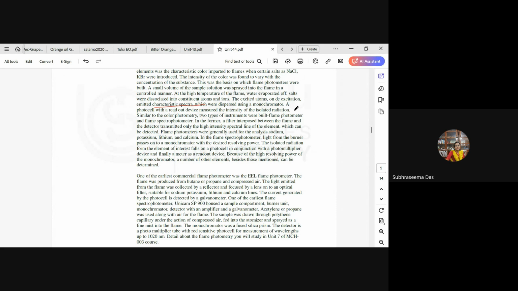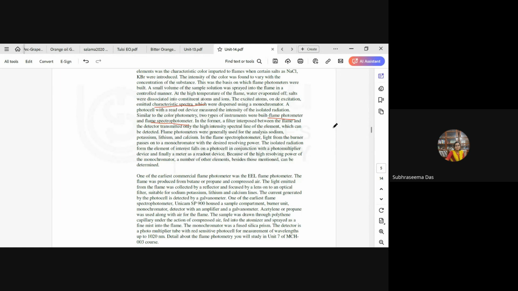Two types of flame photometer are known to us: one is the filter flame photometer and another is the flame spectrophotometer. In the filter flame photometer, a filter is interposed between the flame and the detector that transmits only the high intensity spectral line.